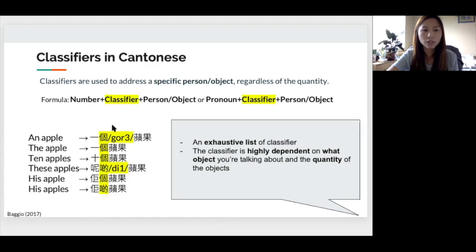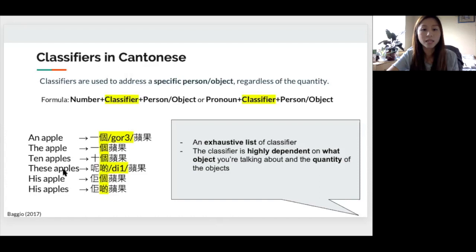The classifier for apple is 個. As you can see, an apple or the apple are both describing only one apple. So then they are all 一個蘋果, which follows the formula of classifiers. When a quantity changes to 10, but still specific in here, 10 apples, the number changes in the Chinese character, but the classifier remains 個, 十個蘋果.